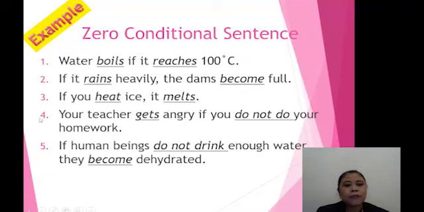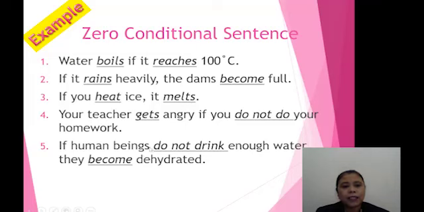Okay. Number 4, your teacher gets angry if you do not do your homework. Your teacher gets plus s angry if you do not do verb 1 your homework. Number 5, if human beings do not drink enough water, they become dehydrated.